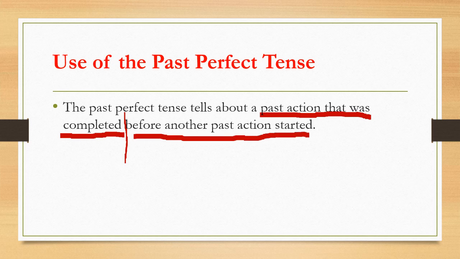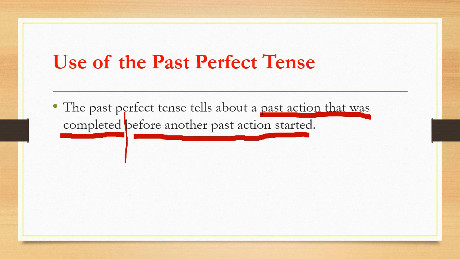Kung intindihon naton ang definition, ang past perfect tense, kung usaron mo siya sa sentence, more likely, how many actions do you have? Base sa definition. Duwa ka actions. Okay? So, once again, the past perfect tense tells about a past action that was completed before another past action started.